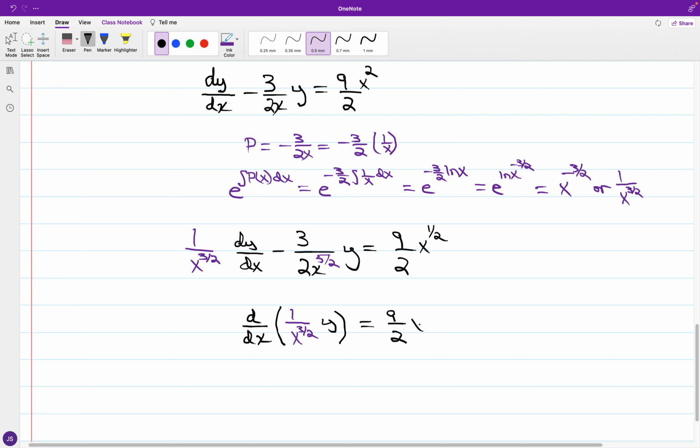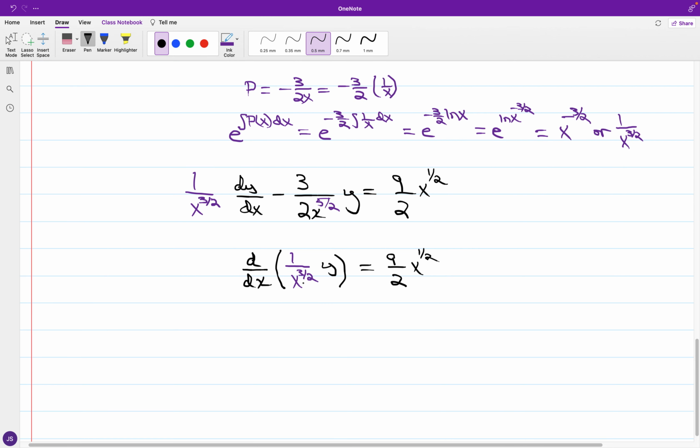So looking at what we have in the setup, we have d over dx of y over x to the 3 halves is equal to 9 halves of x to the 1 half.